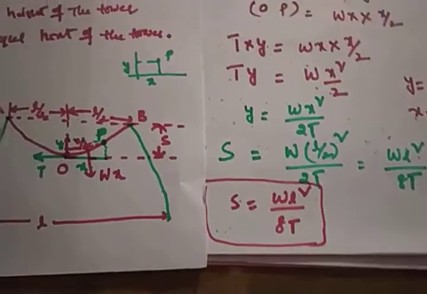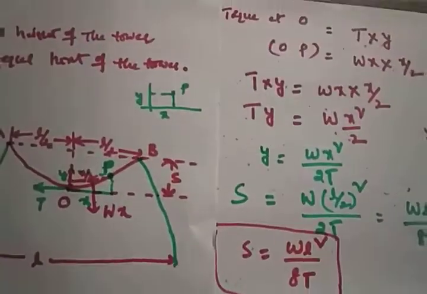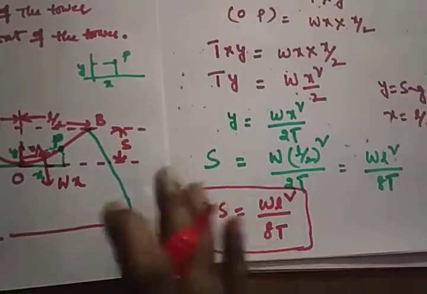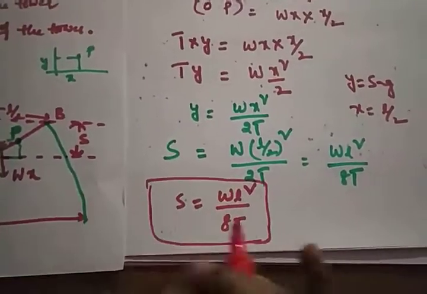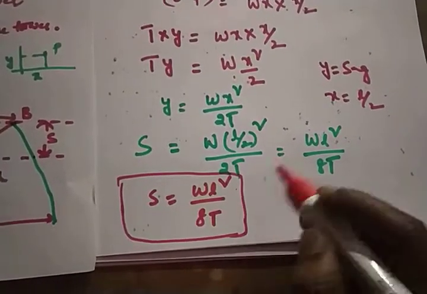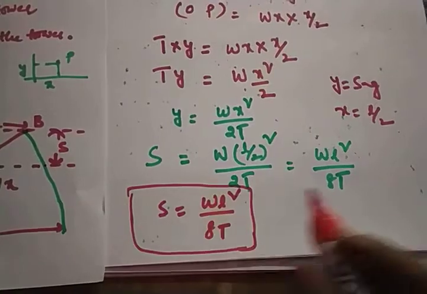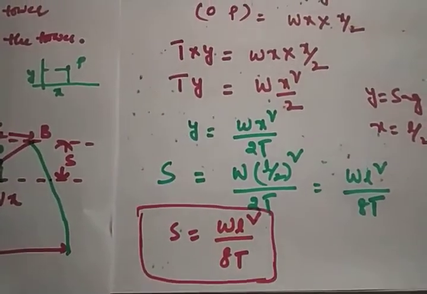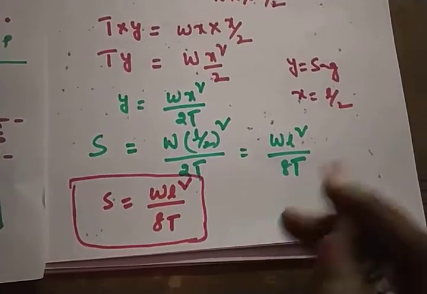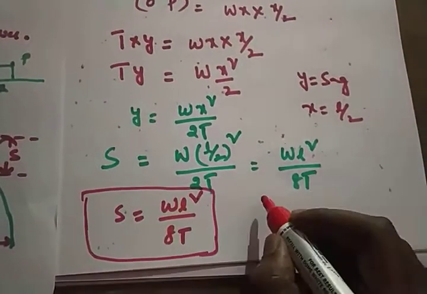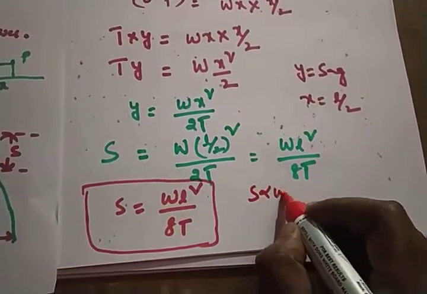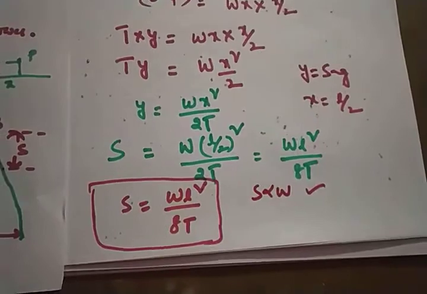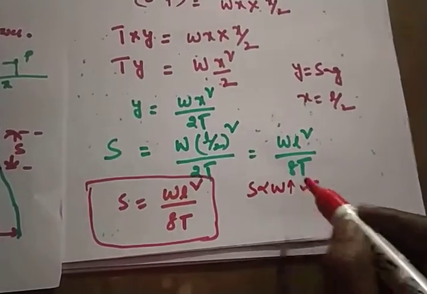From this equation you will observe that sag is directly proportional to the weight of the conductor. If the weight of the conductor increases, my sag also increases.